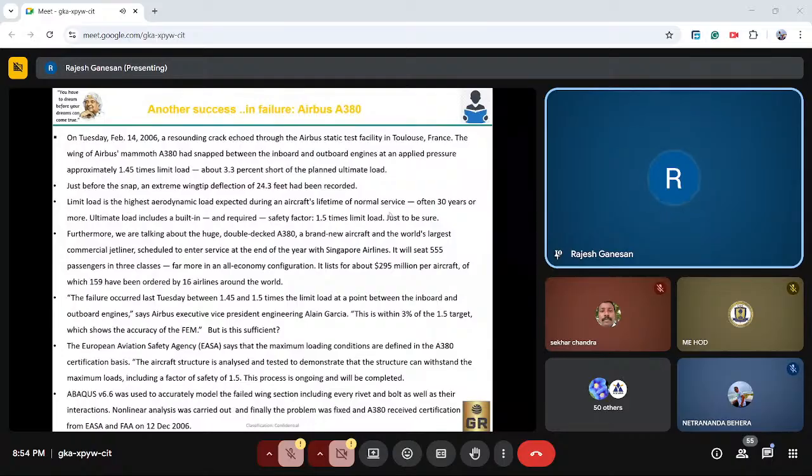In that case, once again they started to investigate the issue and provide the solution: why it happened and what safety factor they have. At that time passengers were available in the third class and they were not having any issues, but still they faced this issue.